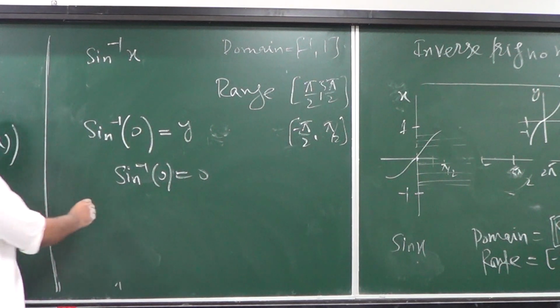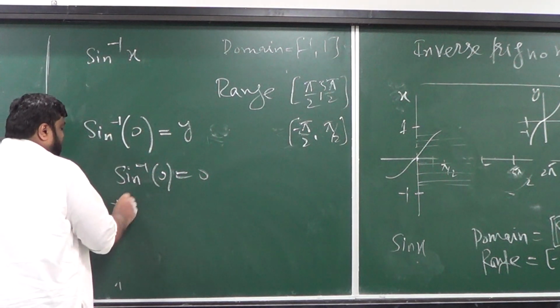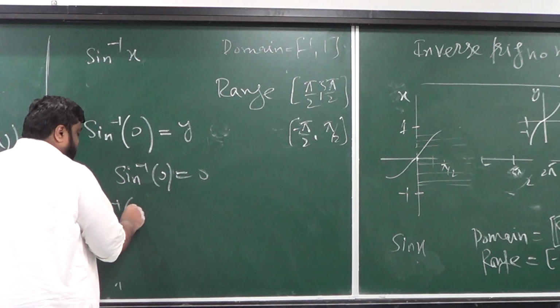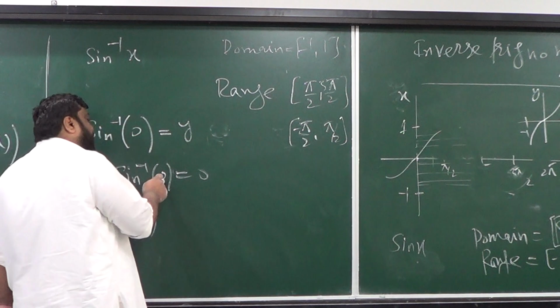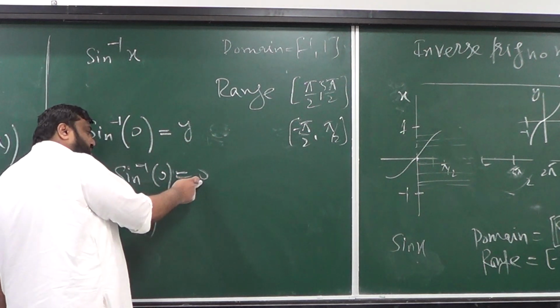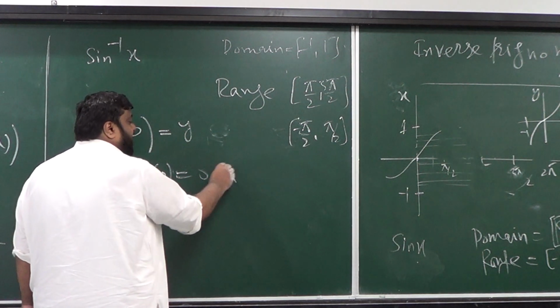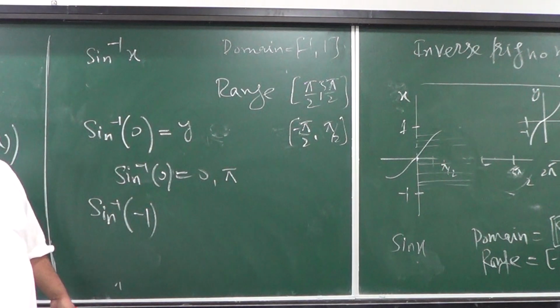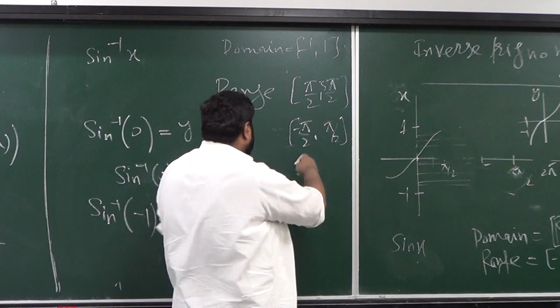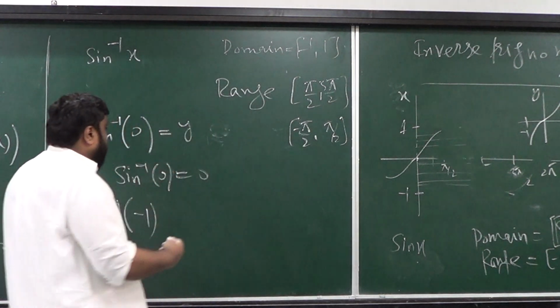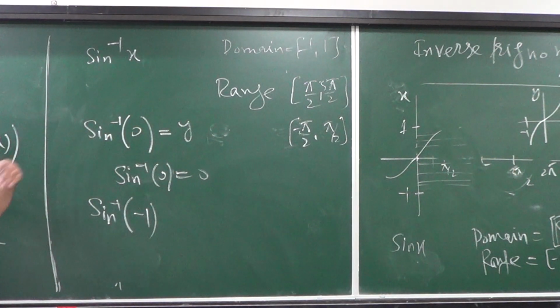You can ask a question, what is the sine inverse of say -1? By the way, sine inverse of 0 can be 0, but it also can be pi. It depends on what range you are taking.